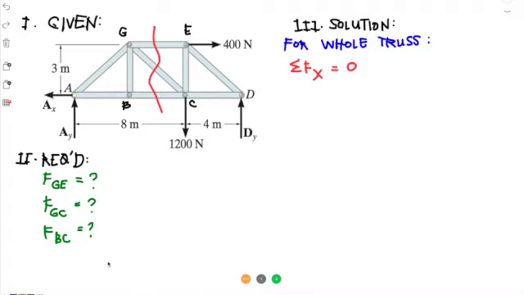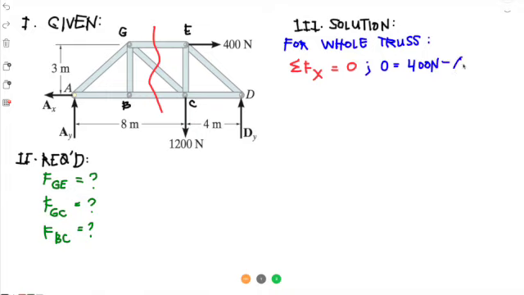So for summation forces in X should be equal to 0, since there are only two forces, then 0 must be equal to a 400 Newton positive force minus AX.